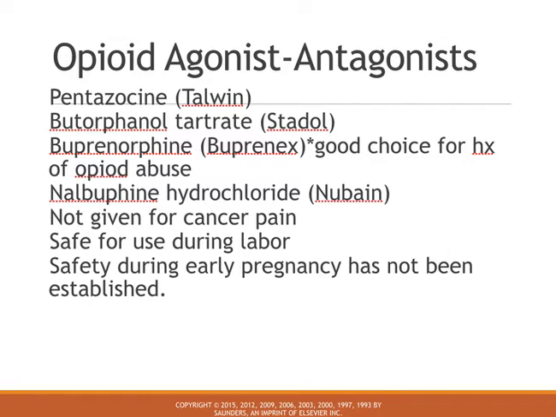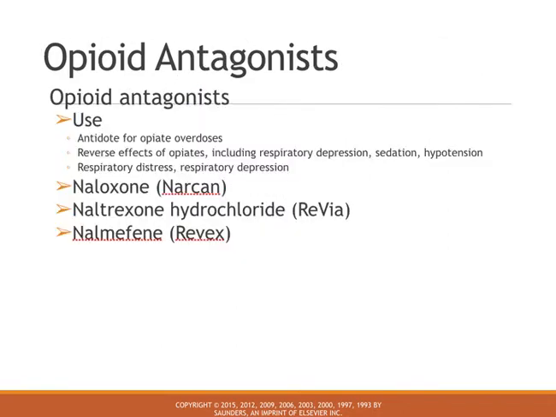These are considered to be safe for use during labor, but they haven't been established as being safe in pregnancy. Nubain is probably the one that I've seen used most commonly for pain management.